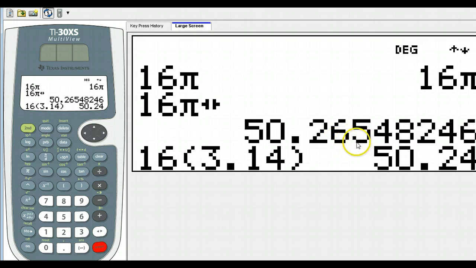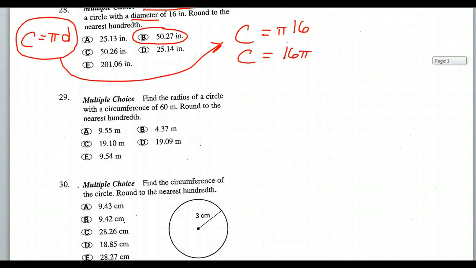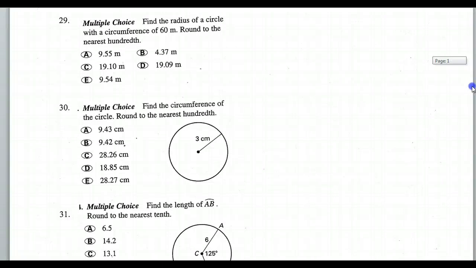If this next number is 5 or greater, then this has to go up. So since this is a 5, we go to 27. So that's why the correct answer is 50.27. The answer is B. Kind of lame that they put it that close though. Anyway, what are you going to do?